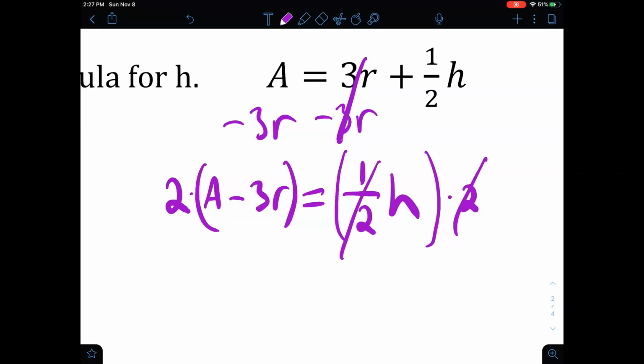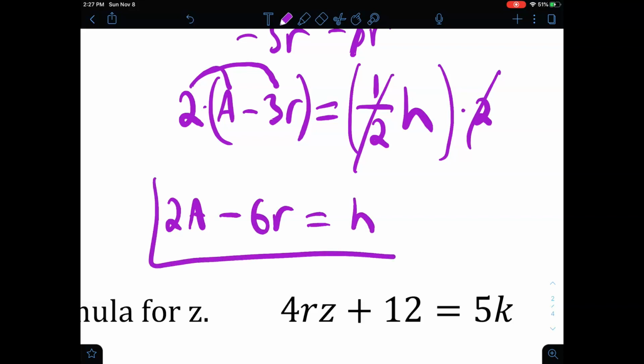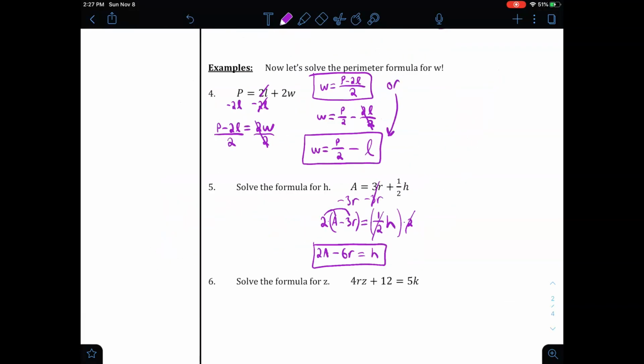On the left-hand side, you're not going to just multiply the A by 2. You're multiplying everything in the equation by 2. So we have to distribute the 2 to the A and the 3R. For our final answer, 2 times A is 2A, and 2 times negative 3R is negative 6R. And that equals our final answer, which is H.